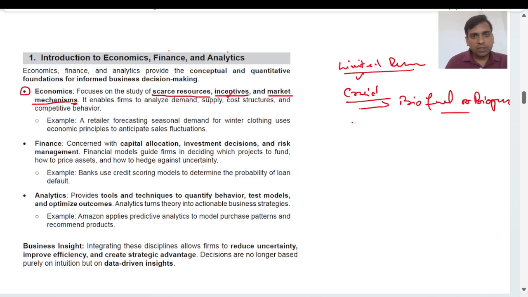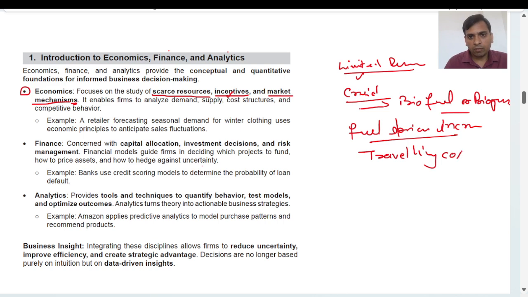If the biofuel price increases, then in that situation the traveling cost is also increasing. So incentives means there may be some discounts, there may be some additional tax, we can say. These kinds of terms come under incentives.